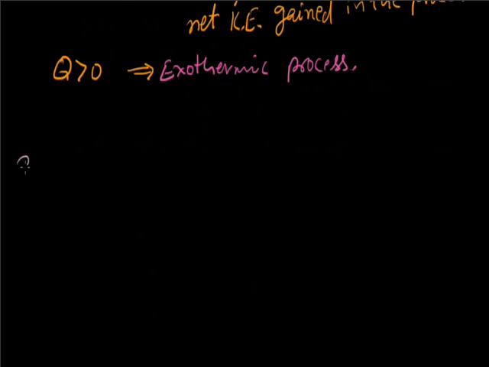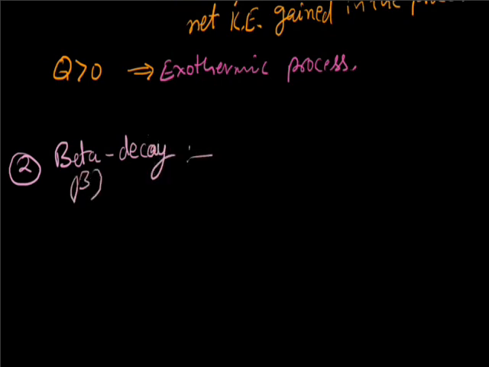Next we have the second one, beta decay. We have beta decay of two types. A beta decay is a decay where a nucleus spontaneously emits an electron or a positron.